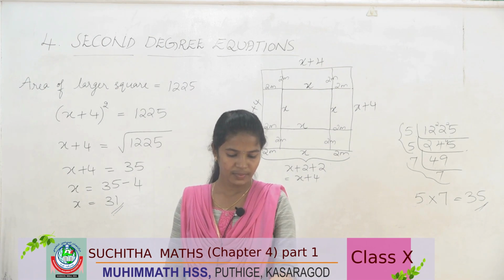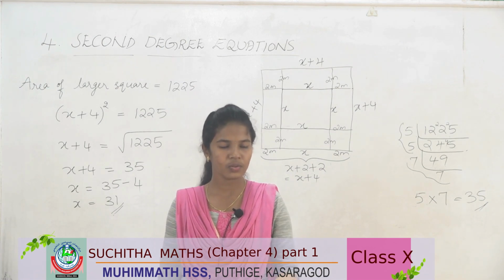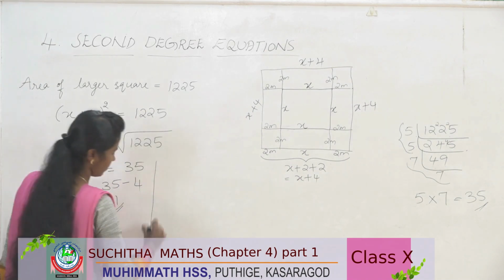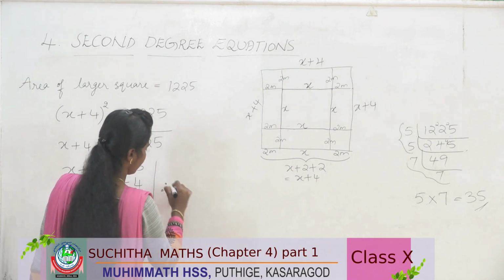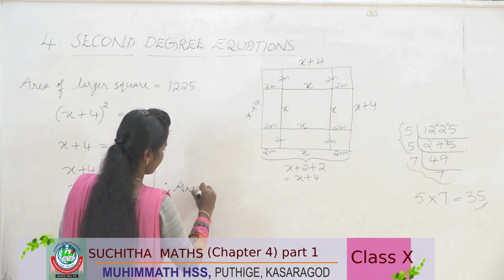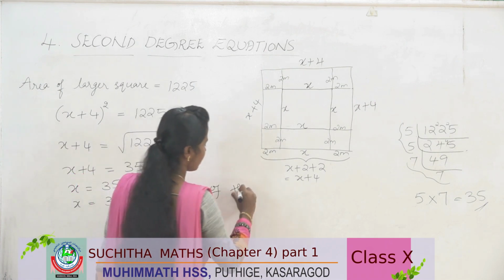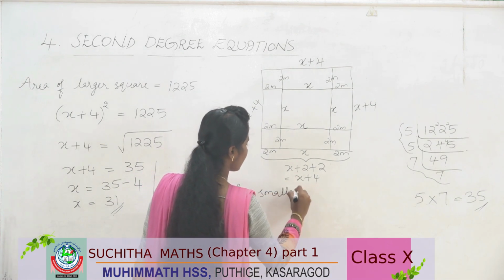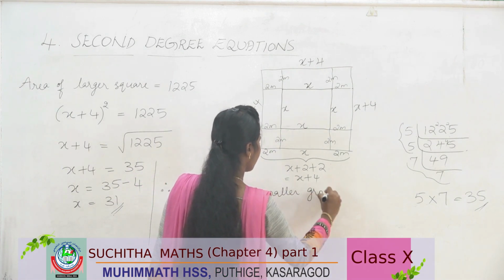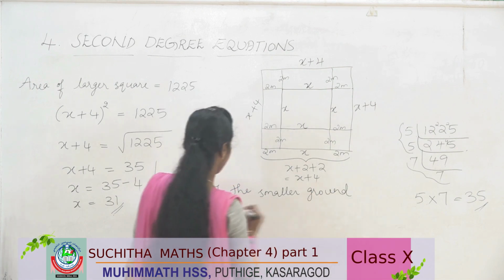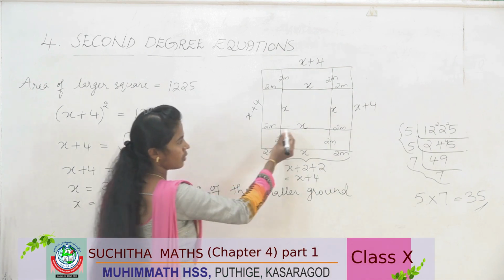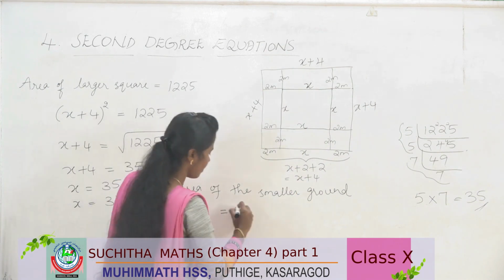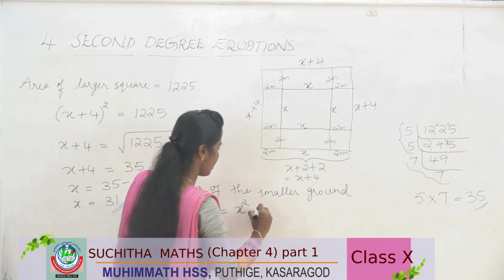So the question is, what is the area of the ground alone? Therefore the area of the smaller ground, the length of the smaller ground is x, so the area is x square.